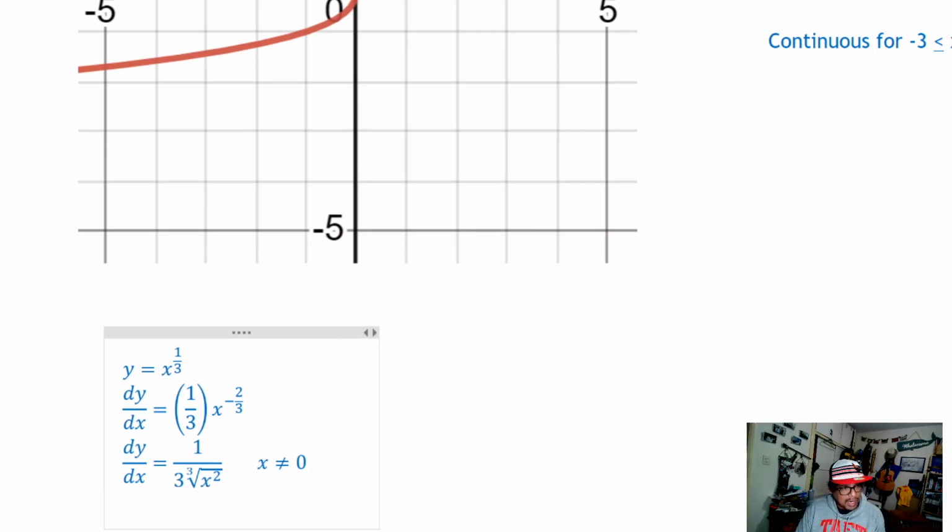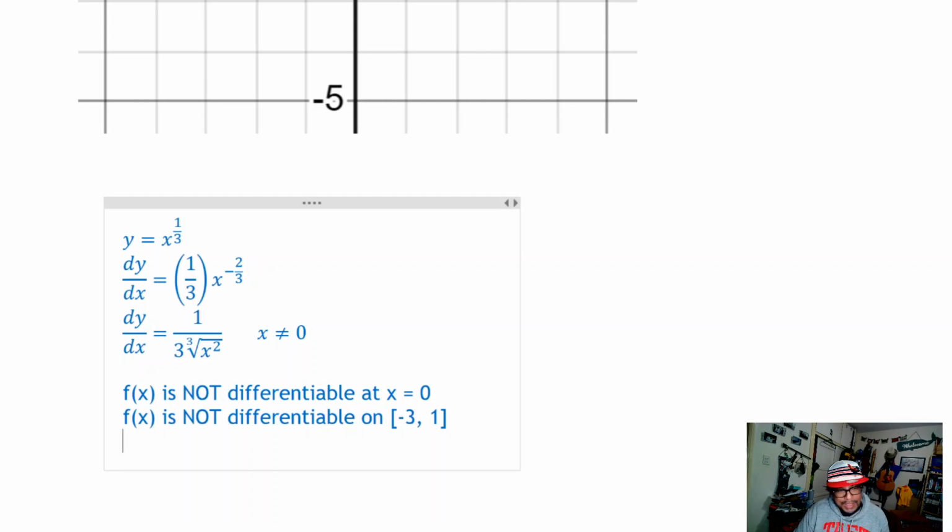So this is not differentiable at x equals 0. So f of x is not differentiable on the interval, which means that we cannot use the mean value theorem on this function if we're going to consider values in the interval from -3 to 1.